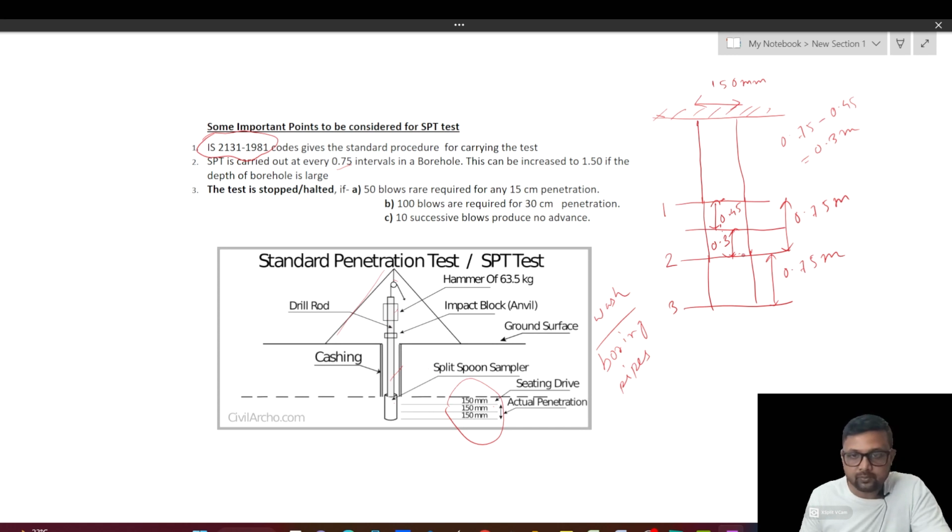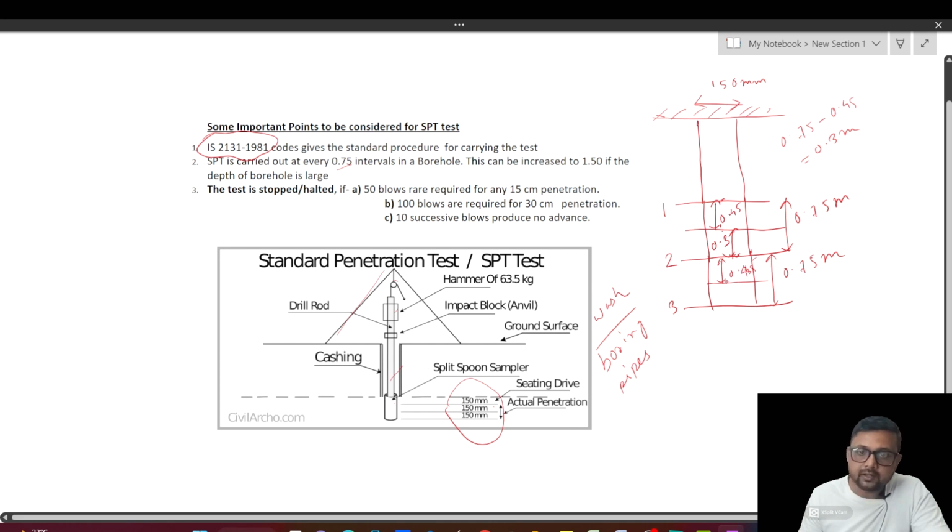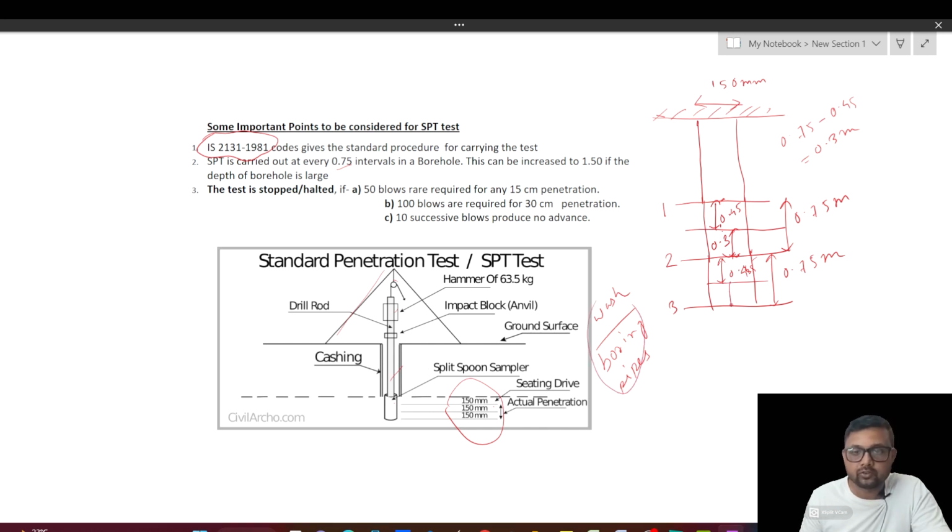And again you will perform the SPT test up to this 0.45 meter. Again you will take out this drilling pipe and put the wash boring pipes to penetrate this 0.3 meter. So this will go on.